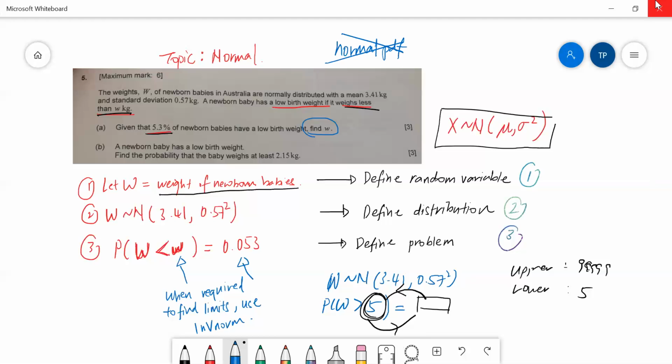And then, oh wait, do I do 0.57? Just 0.57. How do you know whether it's the left or the right? Good question. Your calculator prompts you for the left or right tail.